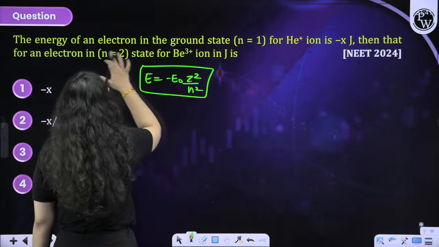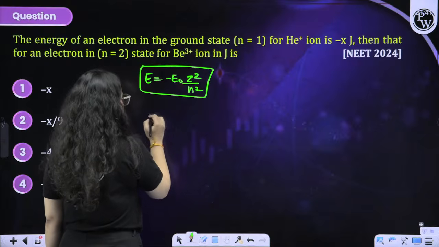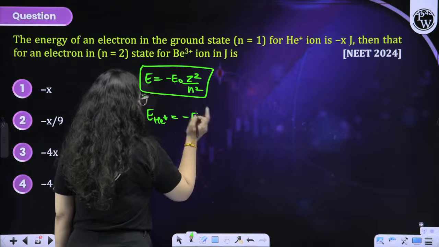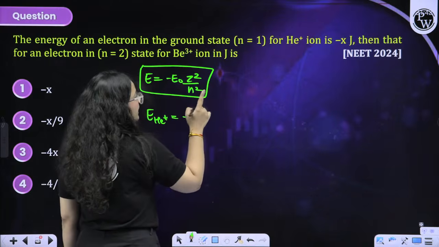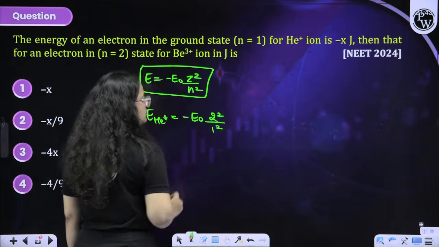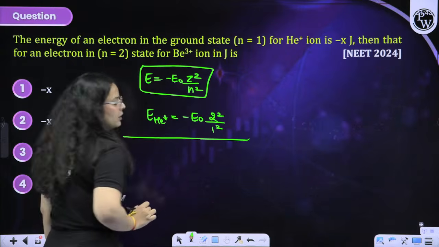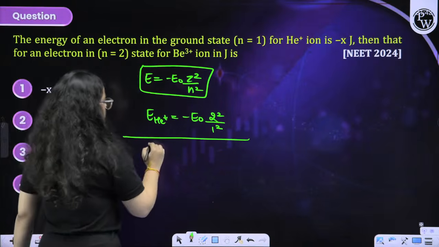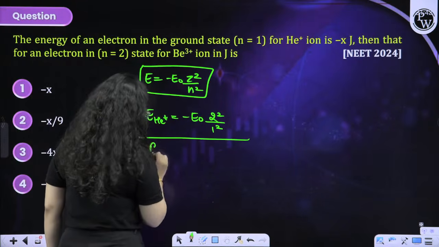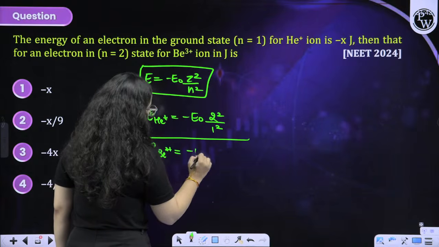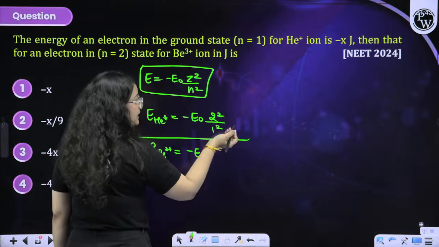So energy of electron in the ground state of helium positive is minus E naught times Z square by n square. See beta, helium has atomic number 2. Ground state is first, so 2 square and 1 square, I am taking the division with this. What else? Beryllium 3 positive. So I have the energy for beryllium 3 positive as E naught times Z square by n square.